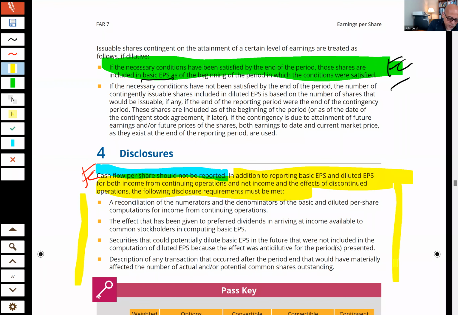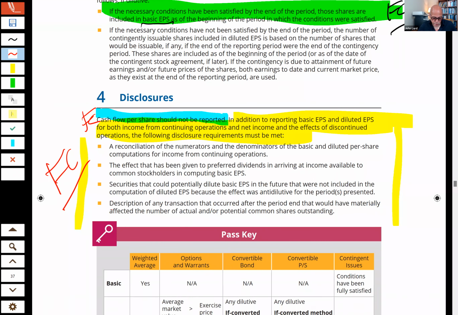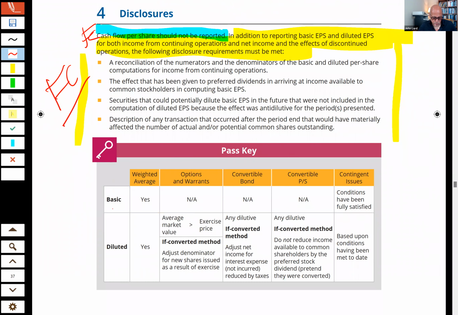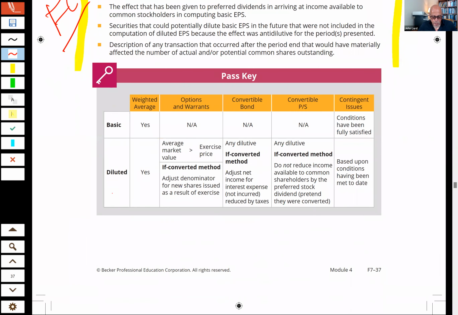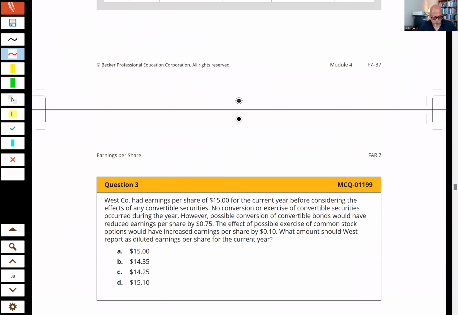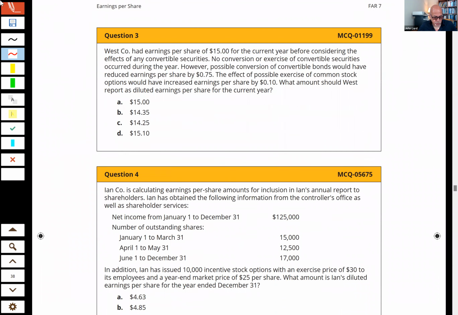And guys, just go ahead and flashcard those. At some point I'm just reading off a bunch of disclosure requirements. Do flashcard what needs to be disclosed, or find in your Becker flashcards where they're saying the disclosure requirements are. But definitely flashcard that cash flow per share should not be reported, because the exam loves to try to trick you on that. Okay, good. Let's take a look at a couple of questions.